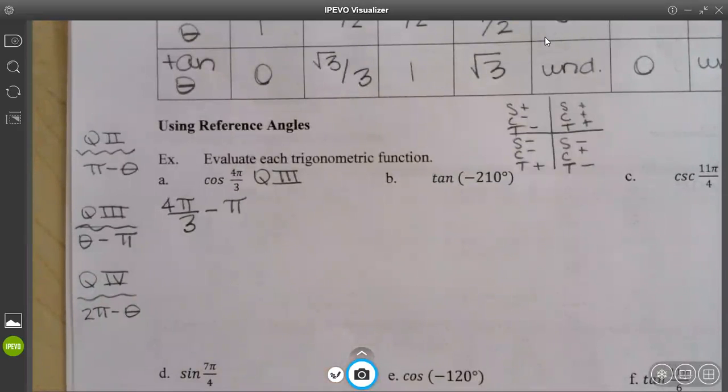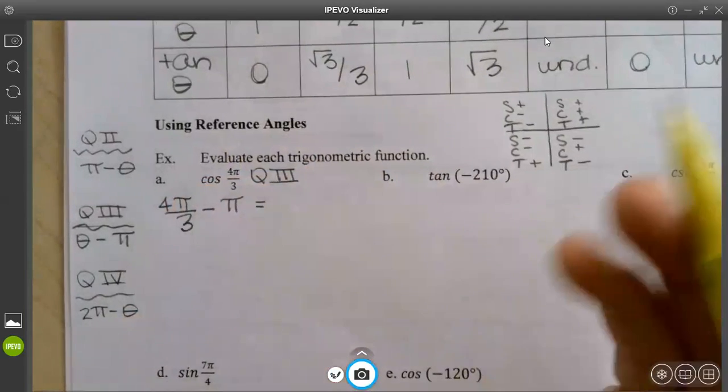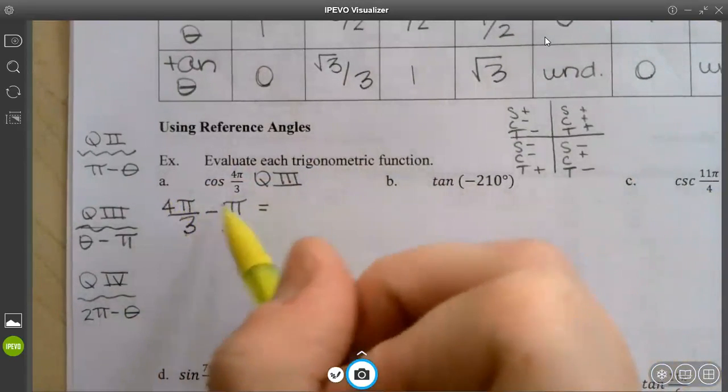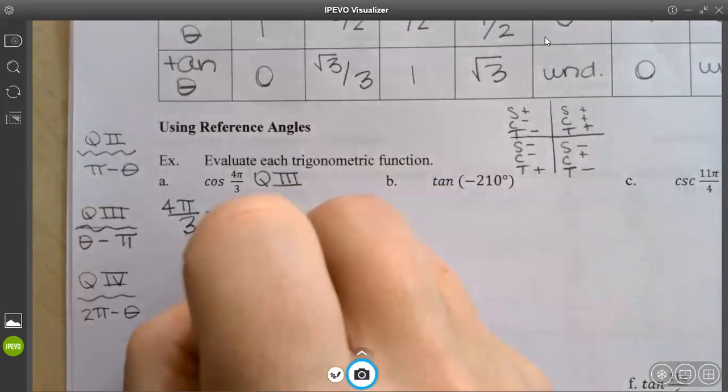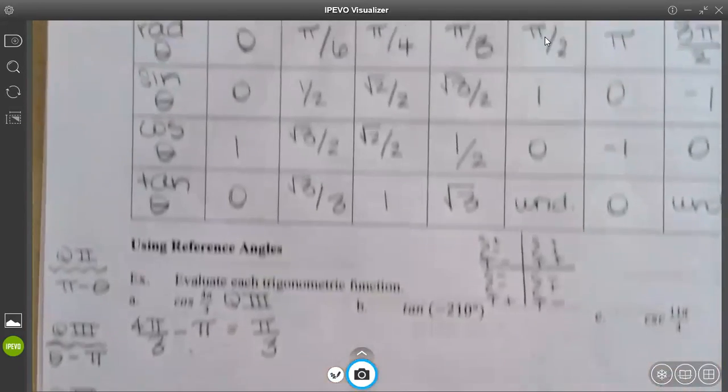All right. What's 4 pi over 3 minus pi? Number 1 would be 3 over 3. 4 over 3 minus 3 over 3 is 1 over 3. Go to your chart.